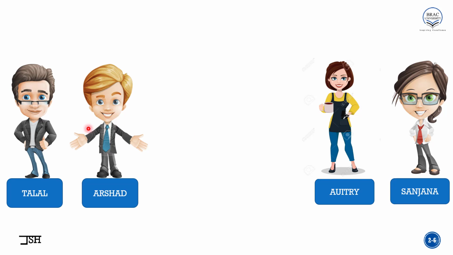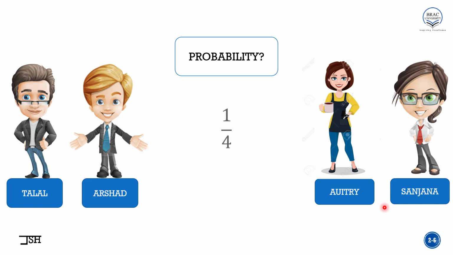Now from these 4 people, let's assume that I'm going to select one of you in my sample. What is the probability of one of you getting selected out of 4 people in total? Can you make a guess? Yes, you are 100% correct. The answer is 25% or 1 over 4.